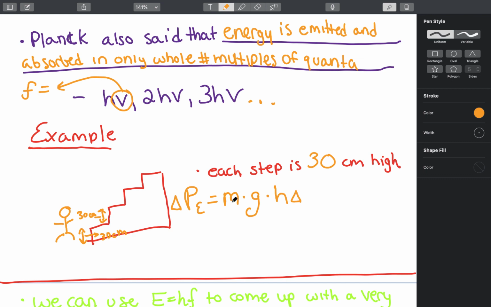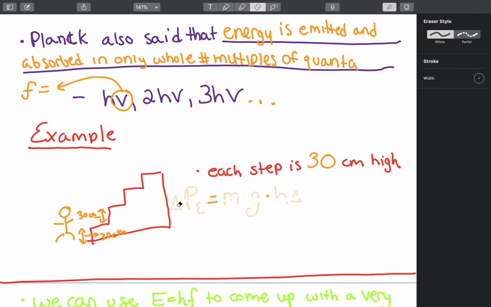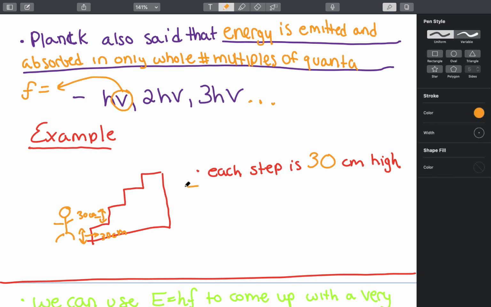That correlates to a potential energy value. Let's erase this. I think this will be a good way to visualize this. Imagine going from the floor to step number 1. The height difference between the floor and step 1 is 30 centimeters.